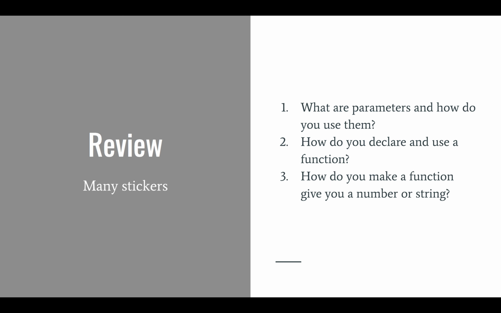To make it give you a number or string, you type return and then whatever value you want it to return to you. So if you had a variable called sum and you wanted it to return that, you do return sum and then semicolon.